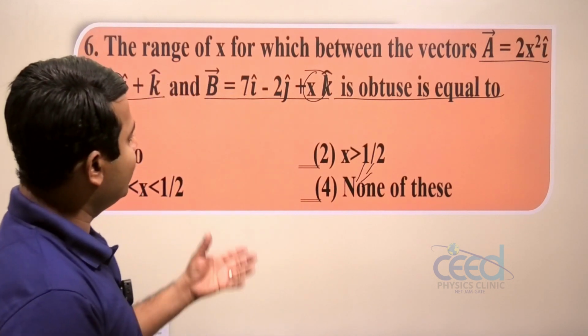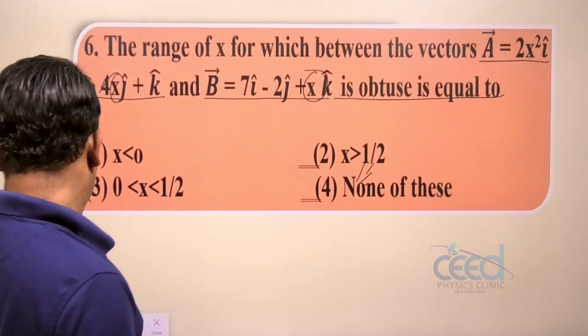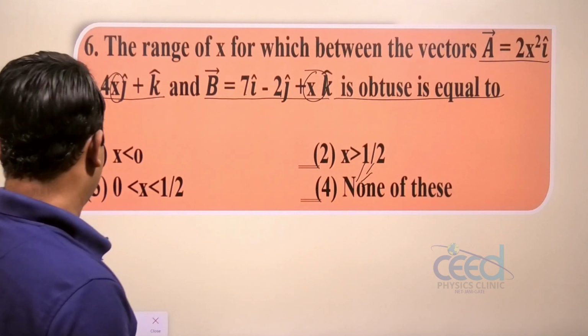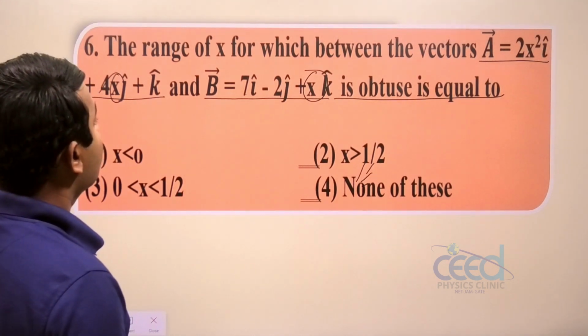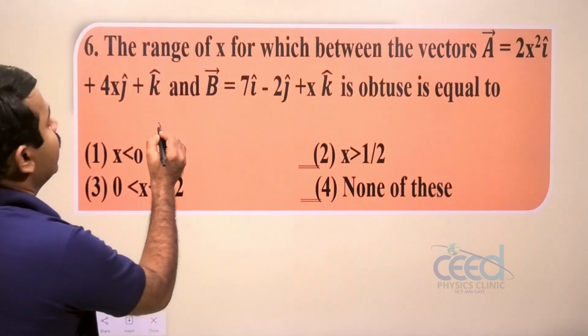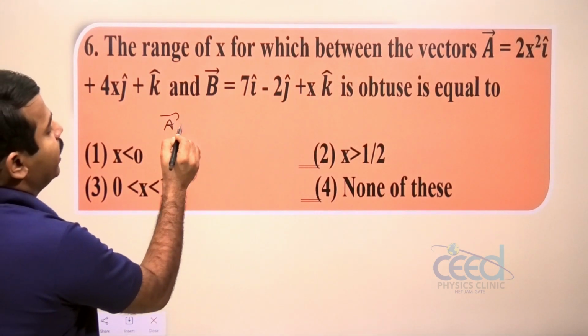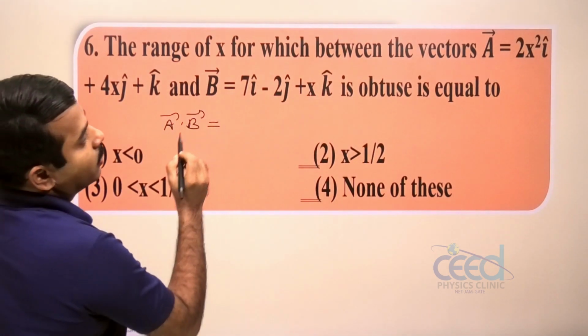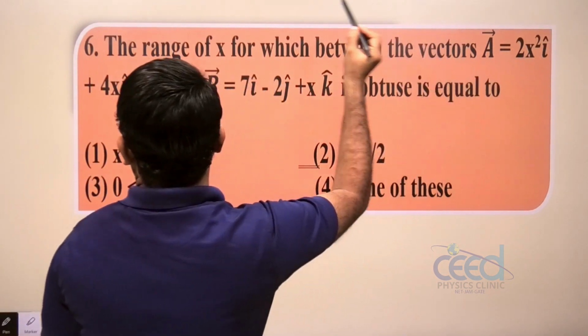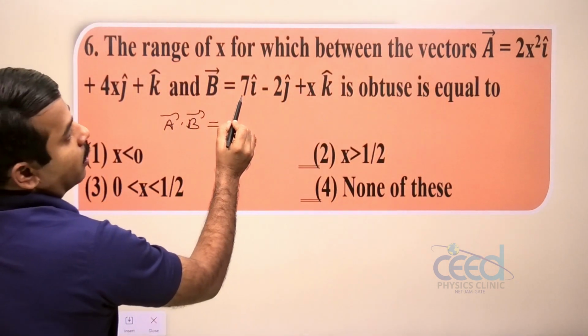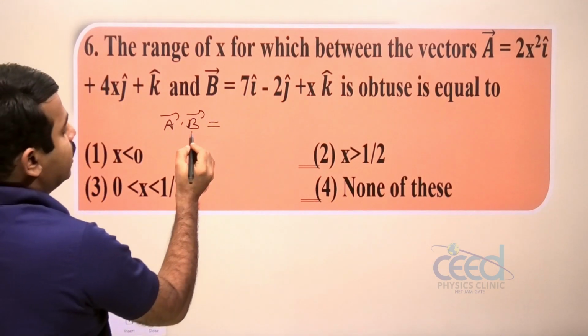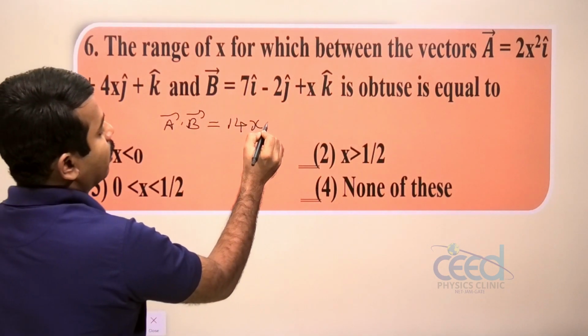So what is A dot B here? A dot B is equal to, let us find A dot B. So that is 2x square into 7, that is 14x square.